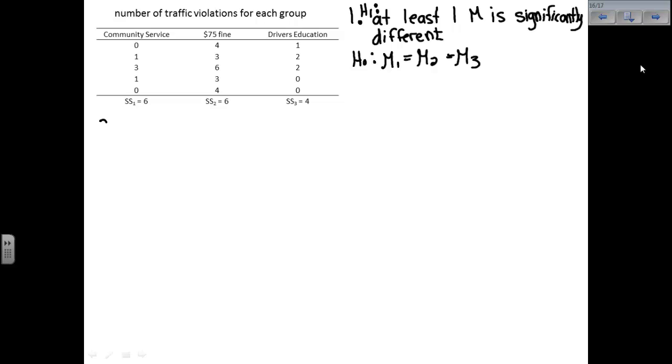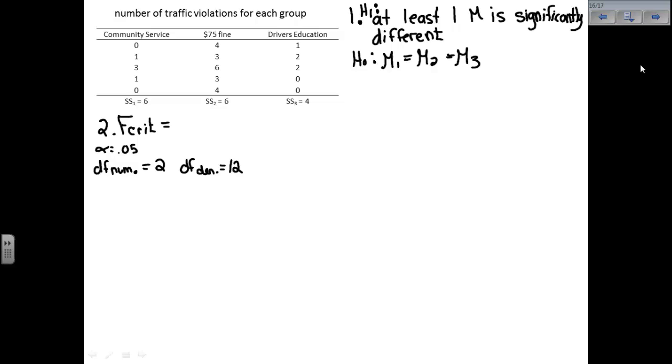Well, step 2, we have to find F crit based on alpha level of 0.05, degrees of freedom numerator, I'm just going to abbreviate NUM, or the degrees of freedom between, which we found to be equal to 2, and the degrees of freedom denominator, or the degrees of freedom within, of 12.